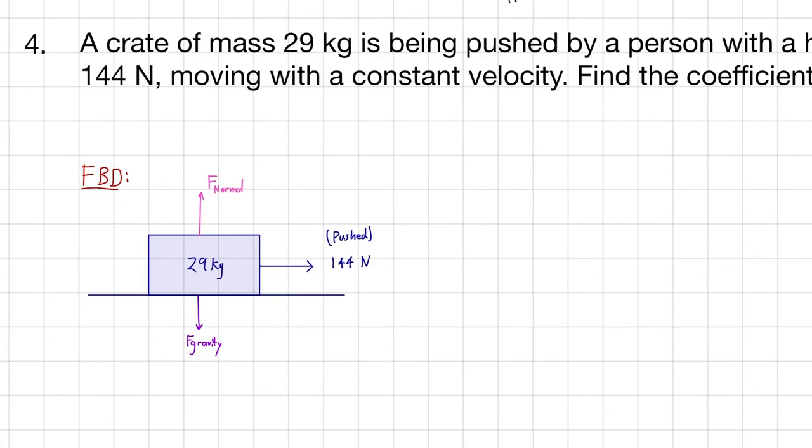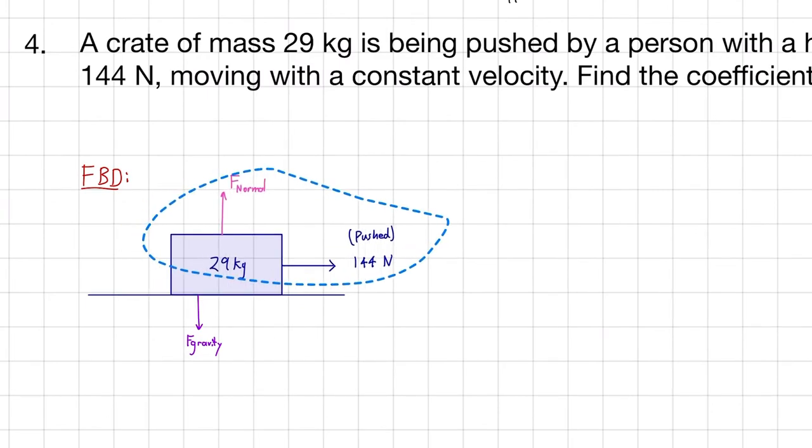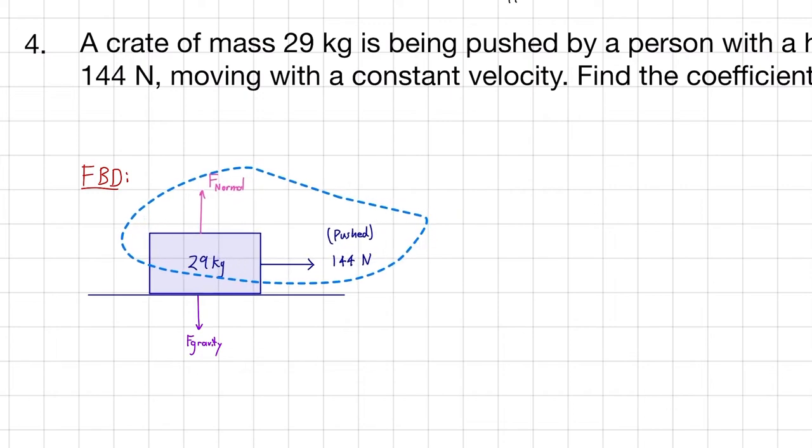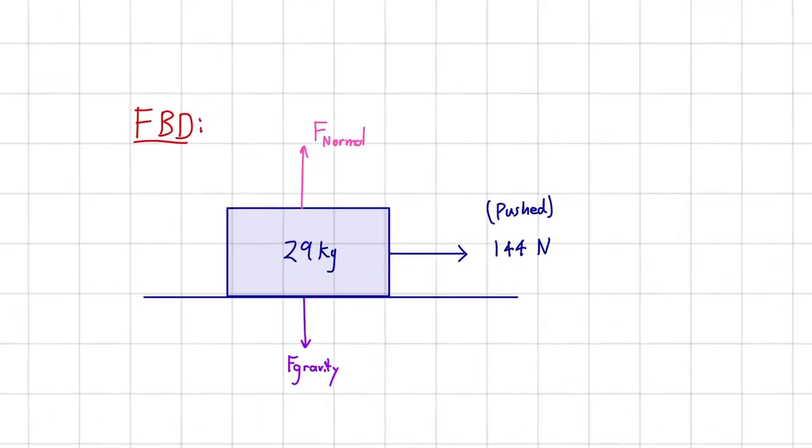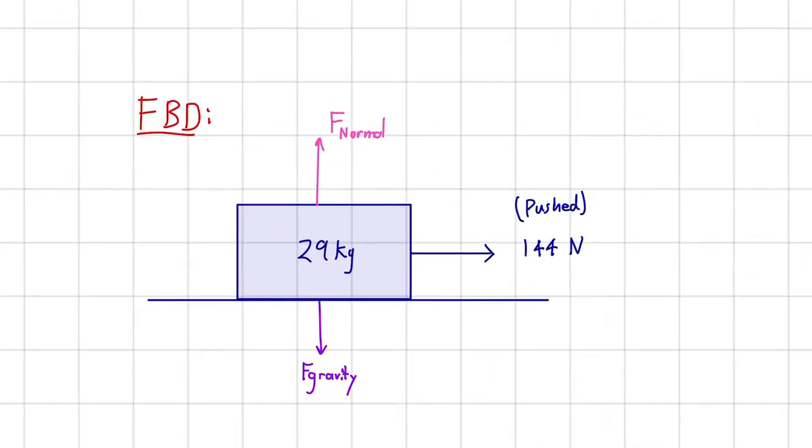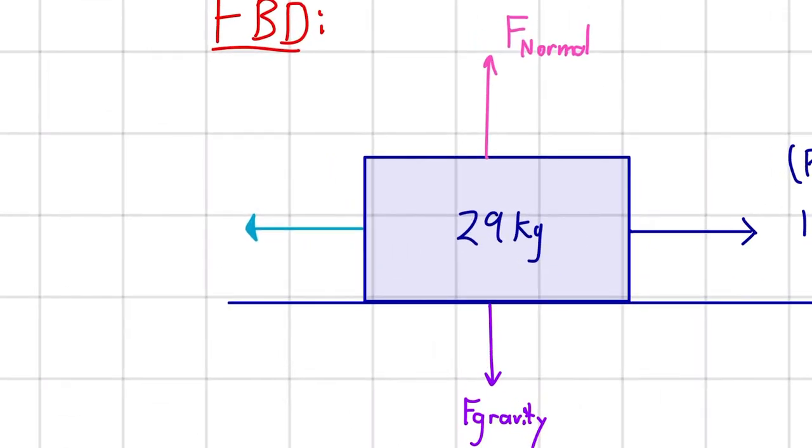And then because our crate is being pushed this way, there's going to be a friction force acting in the opposite direction. So there's going to be a force of friction acting opposite to the motion. So F friction.